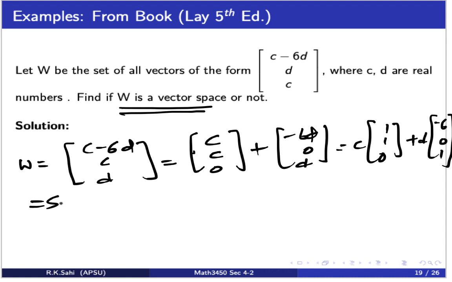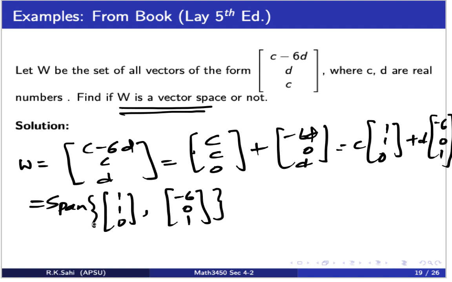So W is nothing but the span of two vectors, 1, 1, 0 and minus 6, 0, 1. And we have all learned previously that a spanning set of vectors is always a subspace.